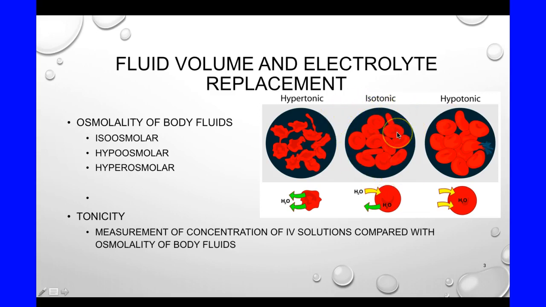Isotonic is always your 0.9 normal saline and your lactated ringers, or some people call it ringers lactate. So if somebody has diarrhea and they're just basically losing electrolytes through being sick or having the flu, or if they're going through surgery and you just want to keep them hydrated, that's when you do an isotonic, because their electrolytes may not be off. It may be in balance, but they're losing electrolytes.